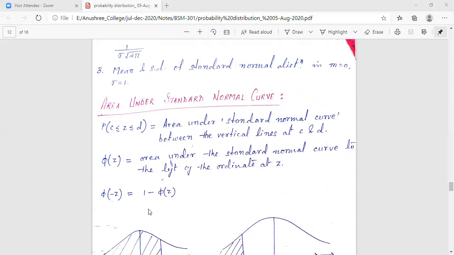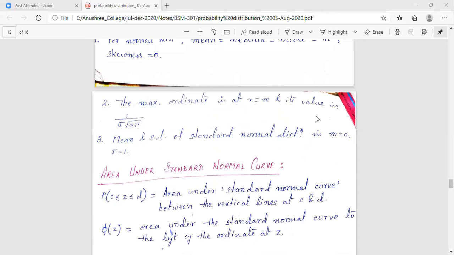So the thing that they have said, that if we require to find the probability that z, the standard normal variate, lies between C and D, that is the area under the standard normal curve between the vertical lines C and D.